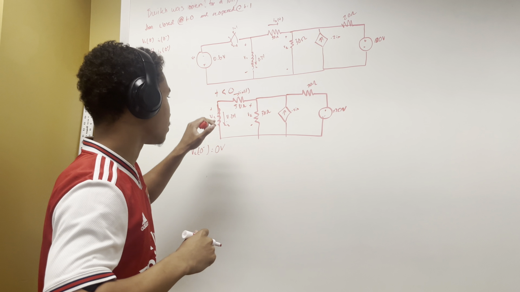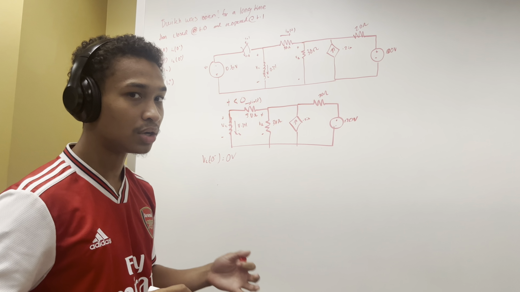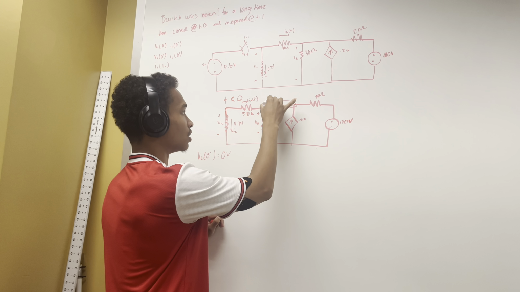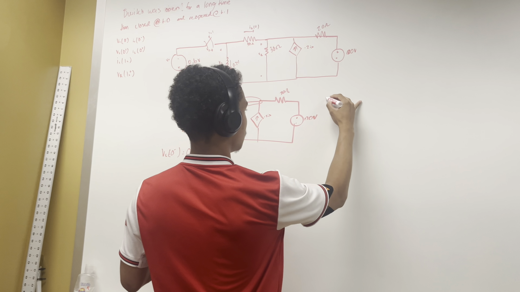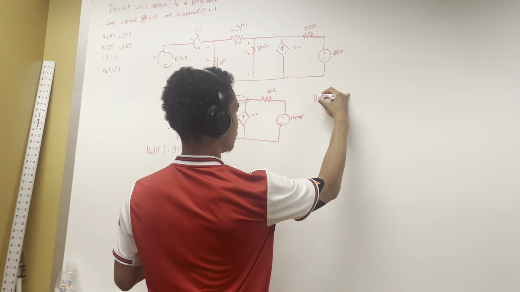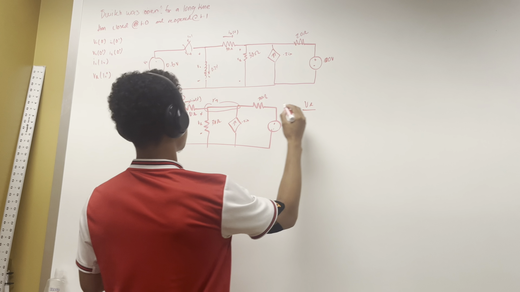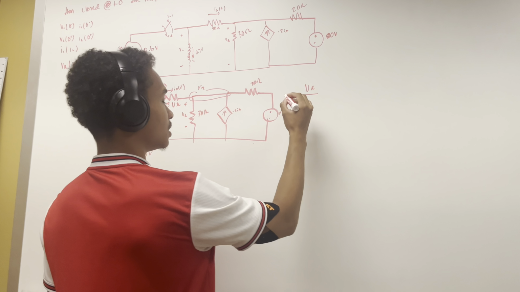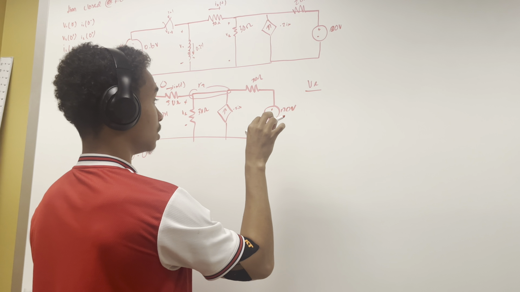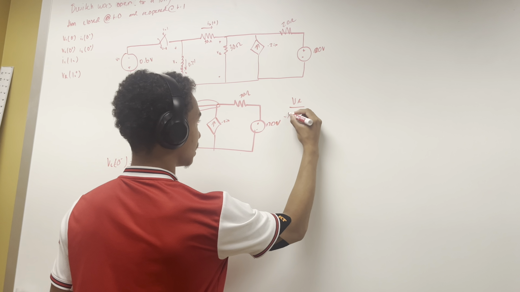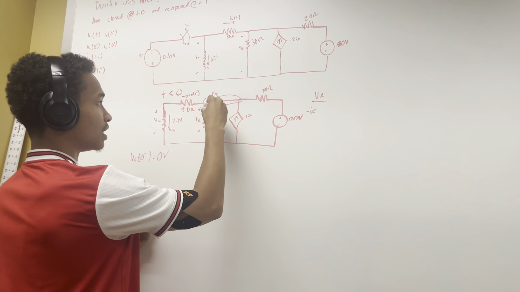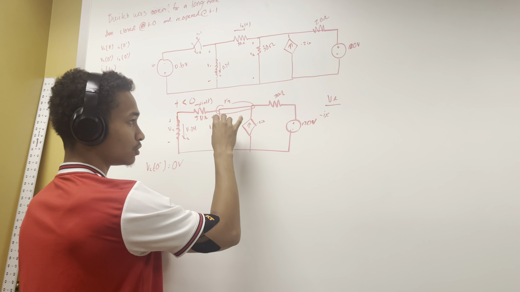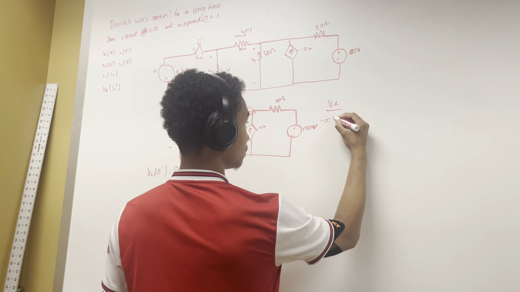Alright, now to find IL, we'll be using a nodal analysis at this node, which is represented as VR. On this first branch, we are given a current IX going towards the node, so this will be a negative IX. On this branch, we have a resistor, so it will be the voltage over the resistor.